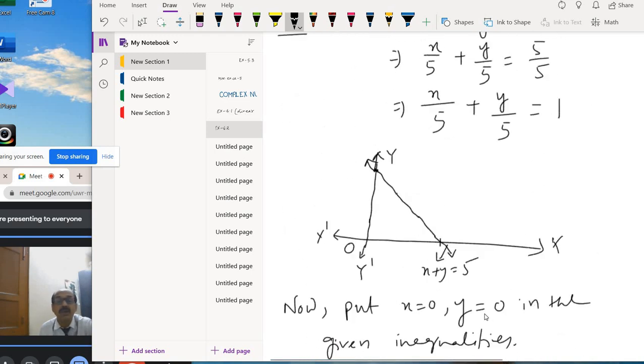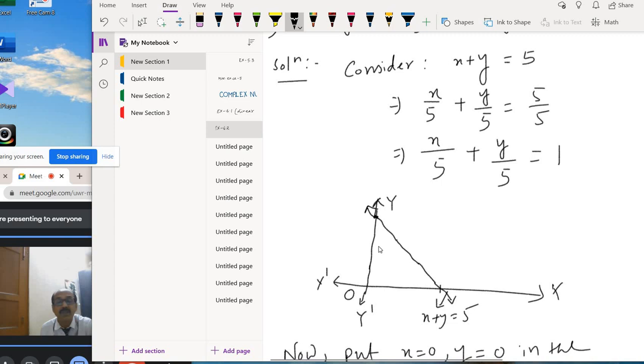Okay, so draw towards the origin side. So like this, towards the origin.